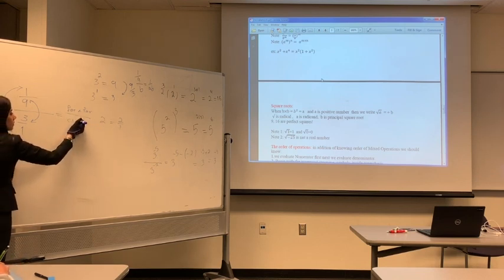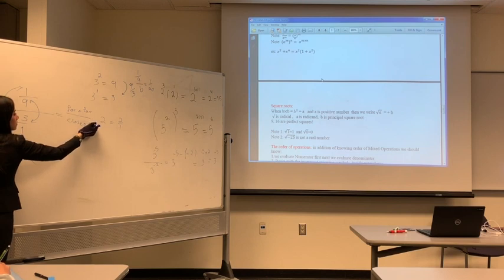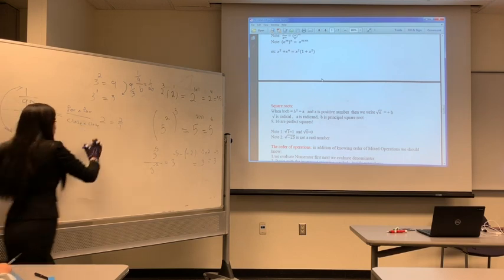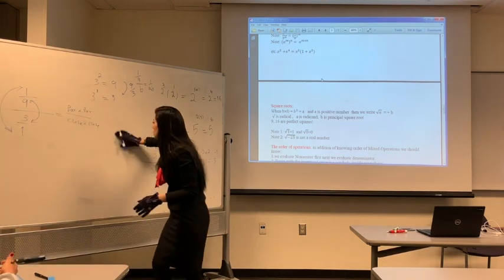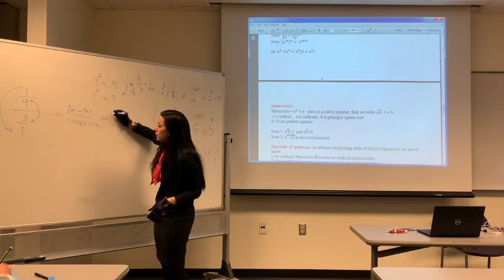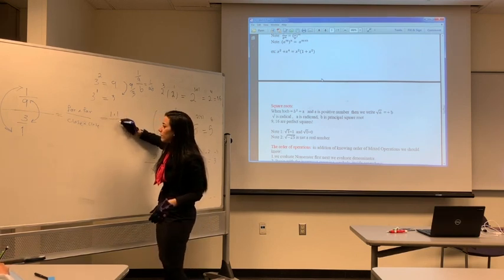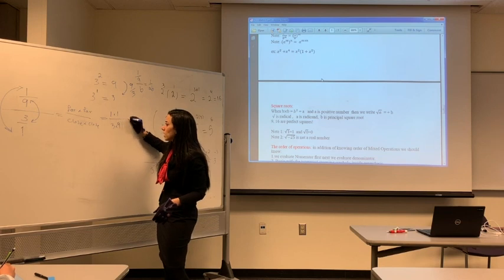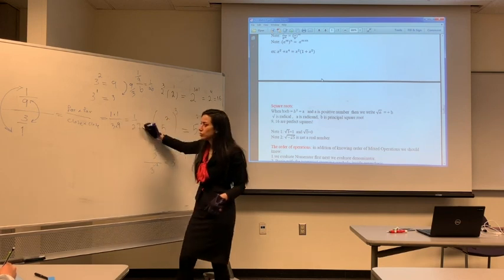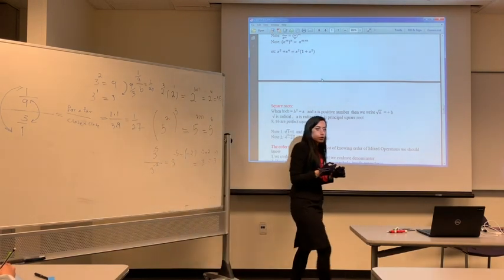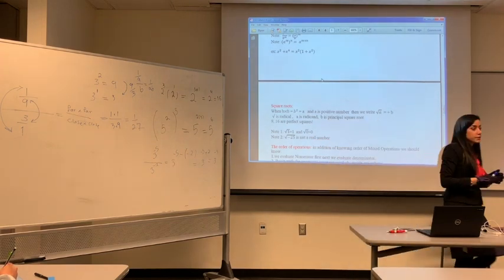Is it right now? So we'll have equal to 1 multiply 1 divide by 3 multiply 9, which is 1 over 27. So this is the way it works.